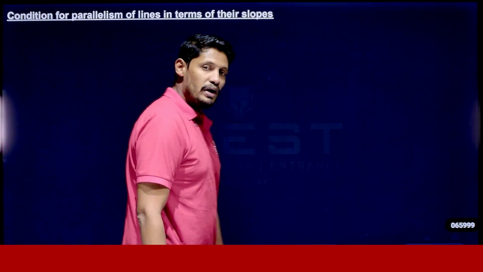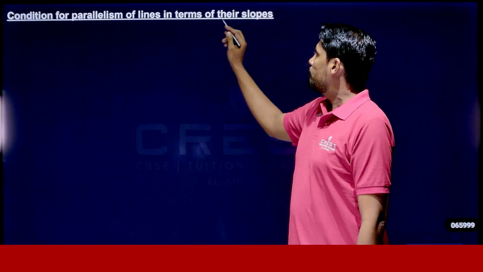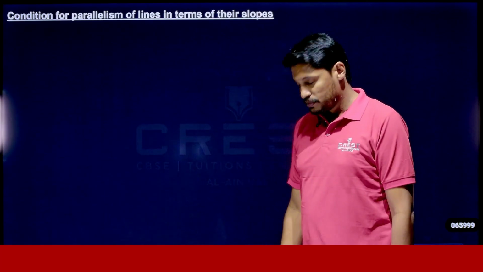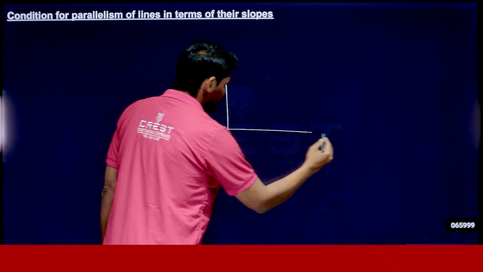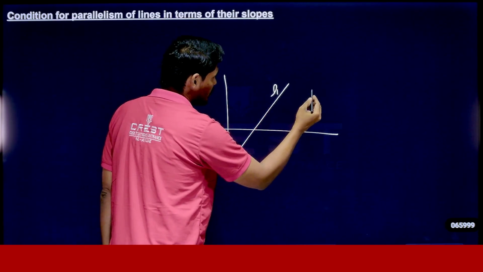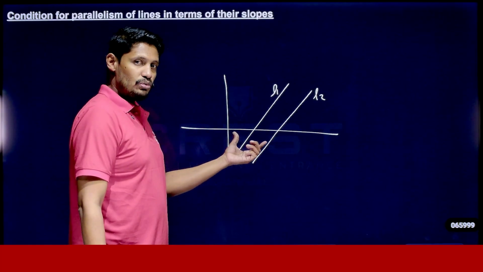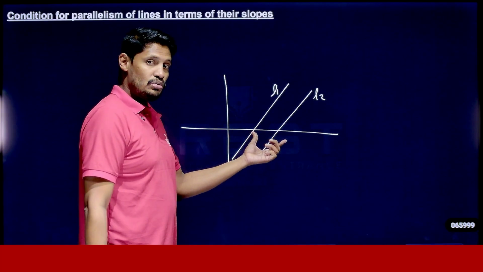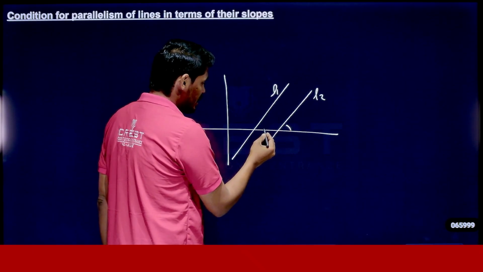Now, what is the condition for parallelism in terms of their slopes? We know that if we have 2 lines, suppose this line is L1 and this line is L2. If 2 lines L1 and L2 are parallel lines, this angle and this angle are equal.